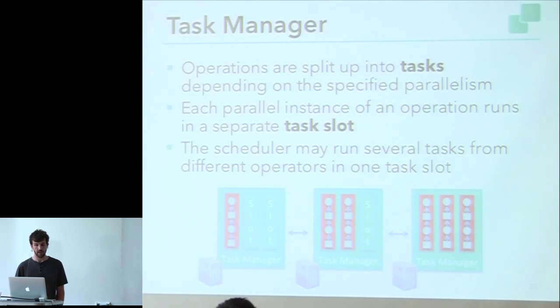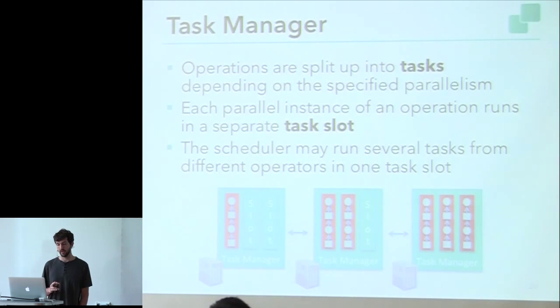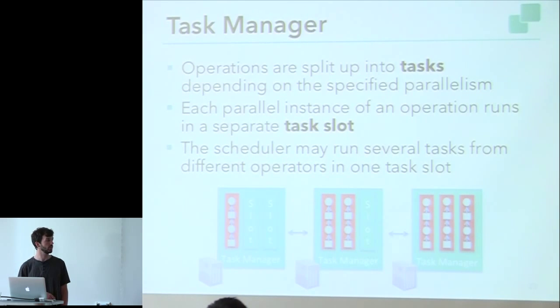And maybe not an entirely intuitive thing in Flink is that several tasks can run in one task slot, because preferably we execute programs in a pipeline, so in a streaming way. That means we have to make it possible for operators to pass on results directly within a task slot to another operator.